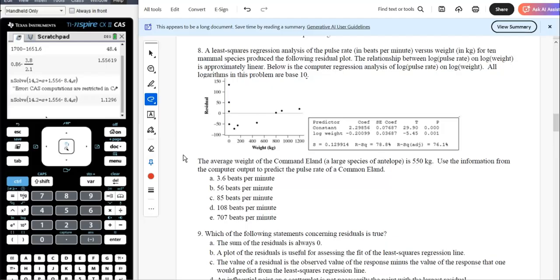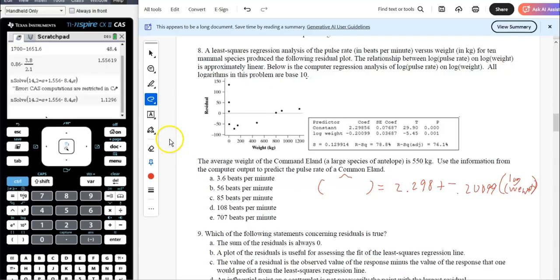So y bar equals, so the y-intercept is 2.298 plus b, which is negative 0.20099 times x, which is log weight, the log of the weight.